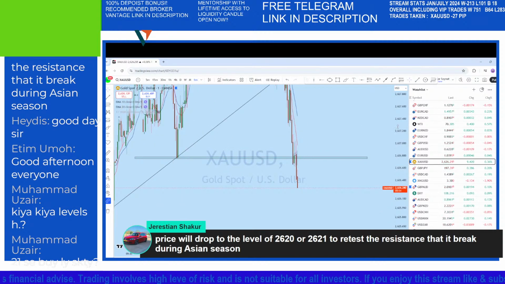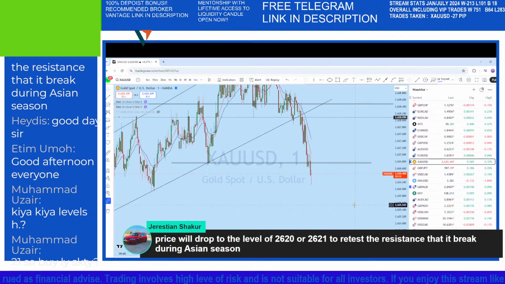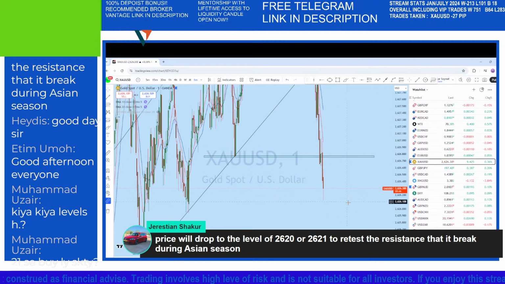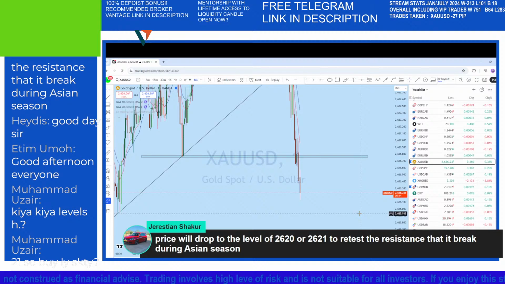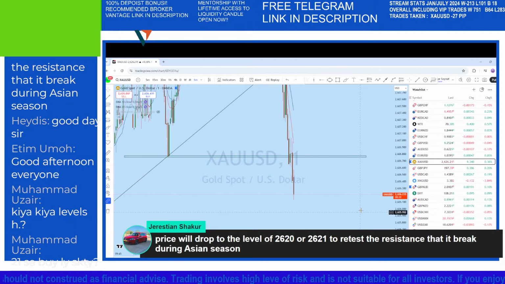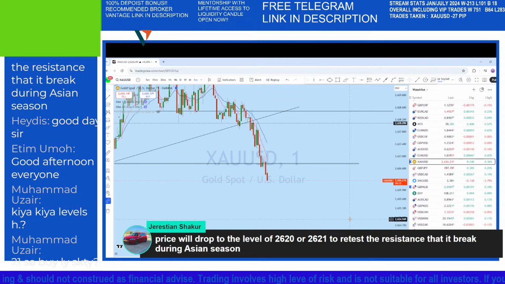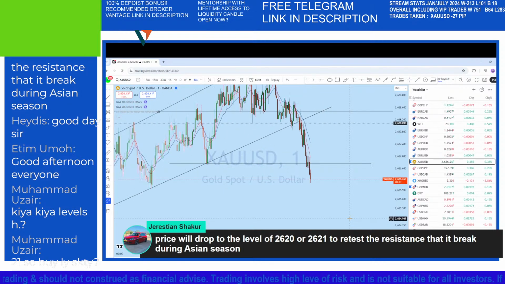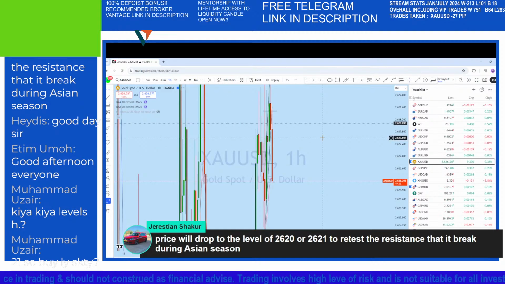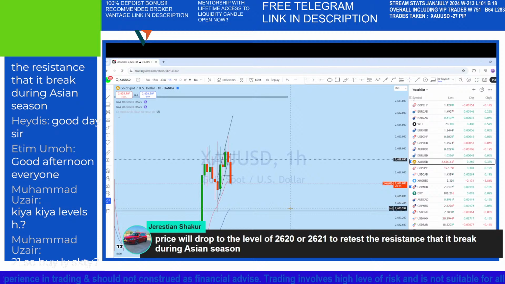So the trend is down here, and with this downtrend, look at here, we can see the market trend is down and expecting it to come back here.